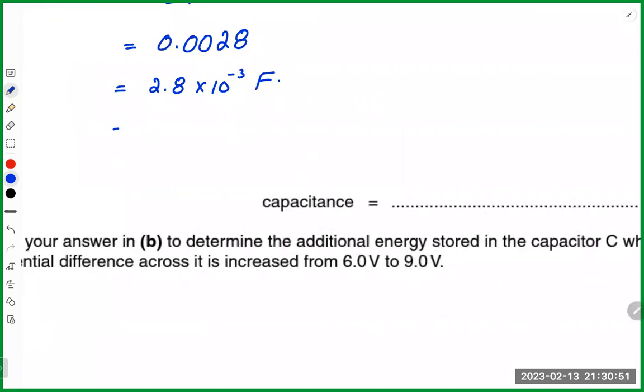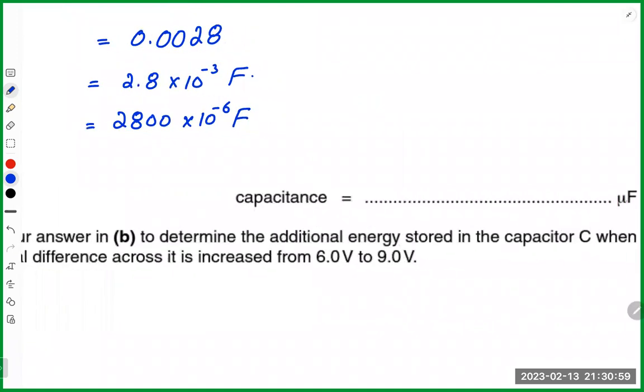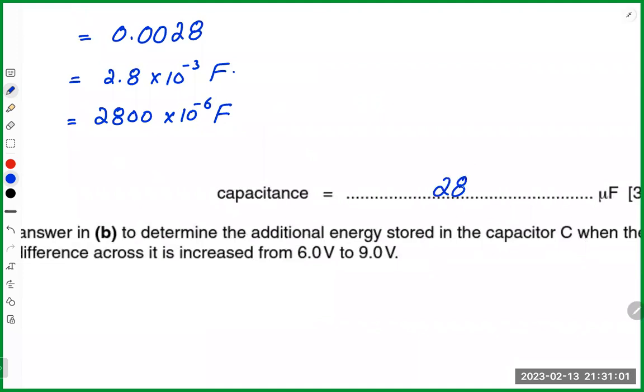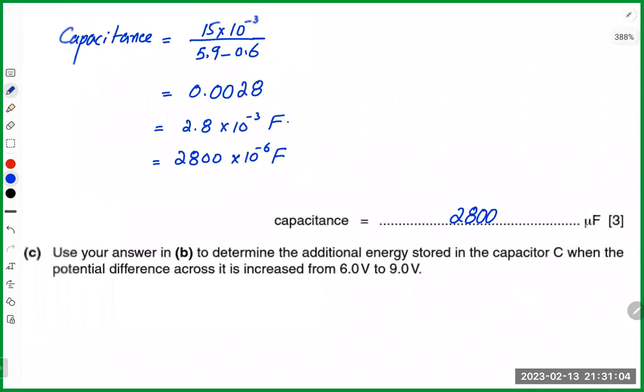That will be 2800 into 10 to the power minus 6 farad. Every millifarad has 1000 microfarad. So when you're converting 2.8 millifarad to microfarad, you come to 2800 microfarad.